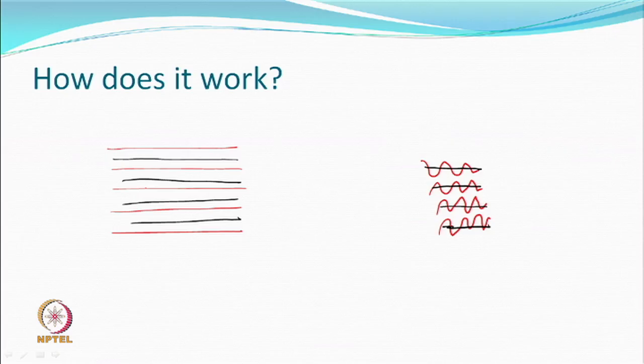So, if you give a stimulus, let us say the red fiber does not shrink, the black one shrinks in length. How will the non-shrinkable component respond? It will have to crimp, it has to buckle, it has to make some loops if they are intimately mixed.